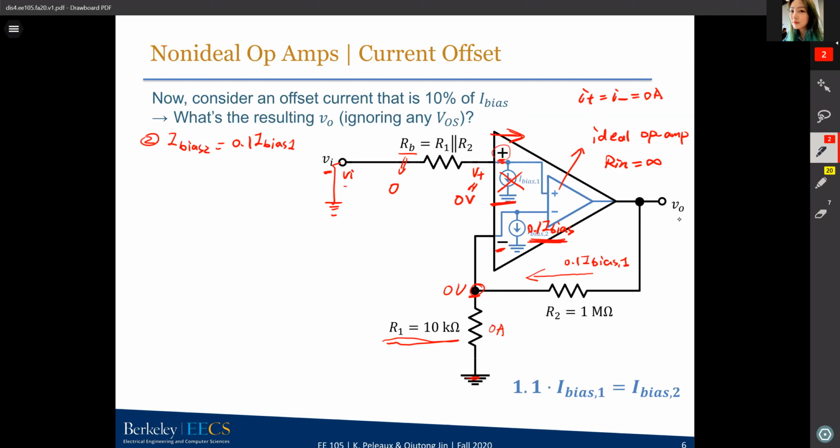So what's the corresponding V out? V out in the second case will just be the voltage at V minus, plus 0.1 I bias 1 times R2.